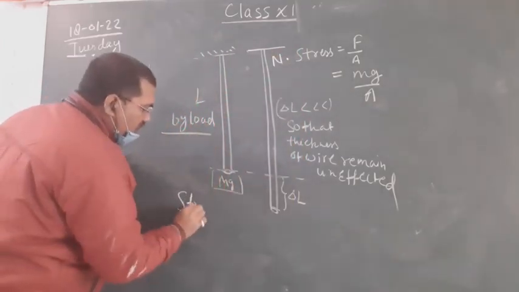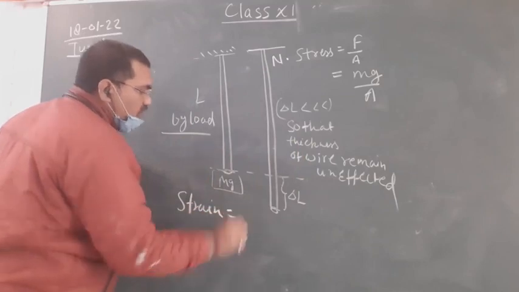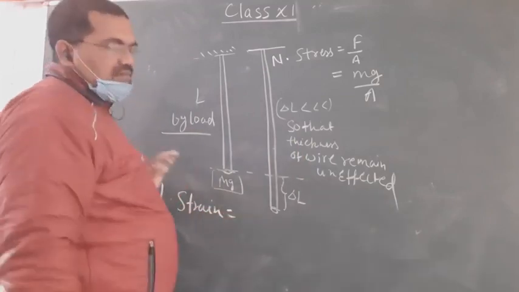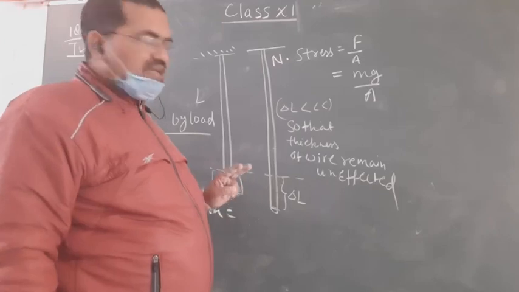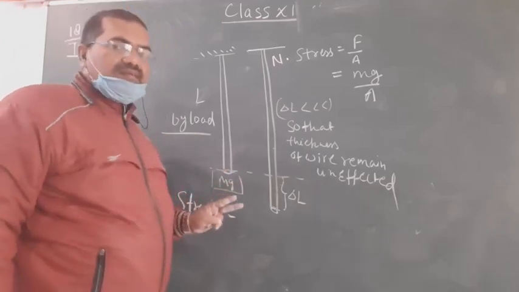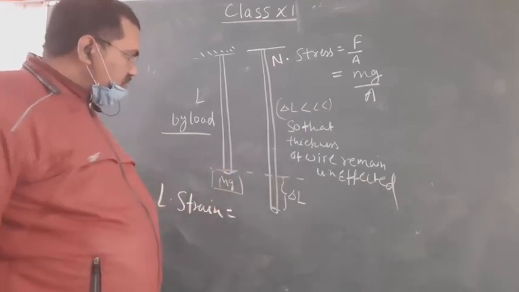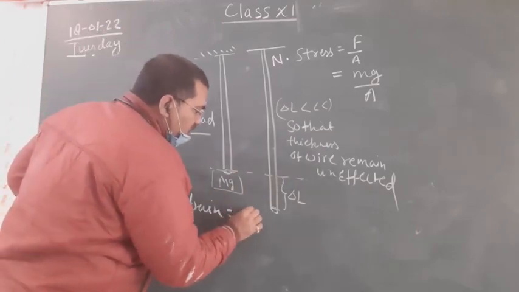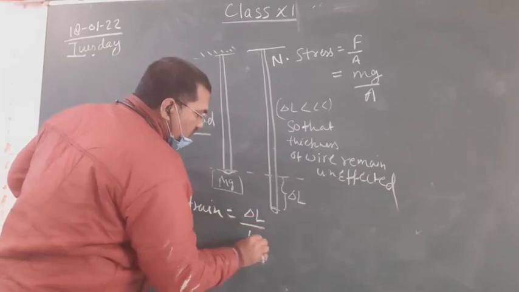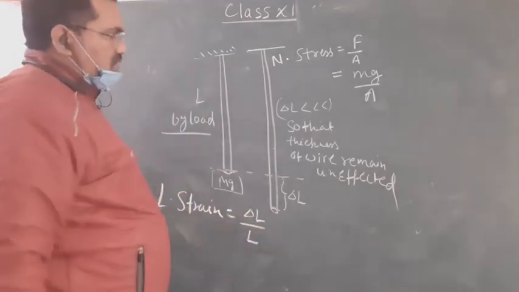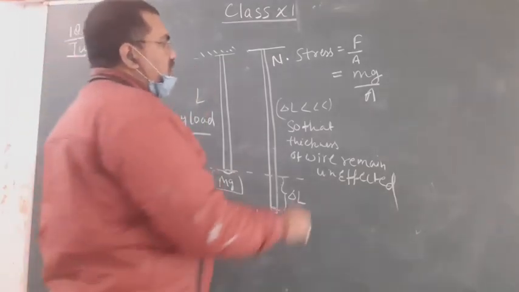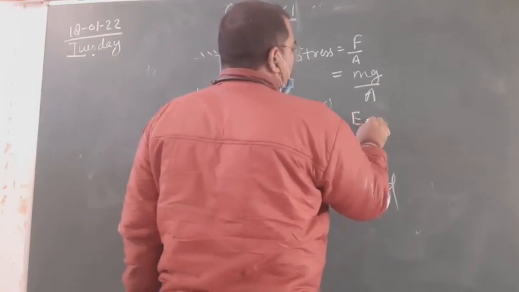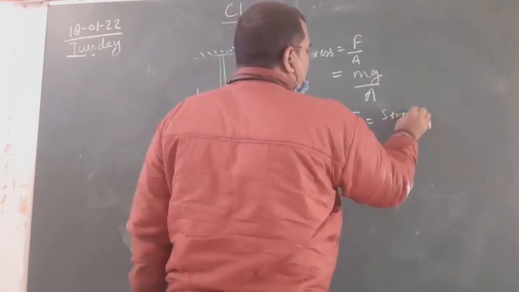So the strain developed in the body is longitudinal strain. In a linear body the strain will be longitudinal strain, equal to change in length upon original length. As we know, E equals stress upon strain.